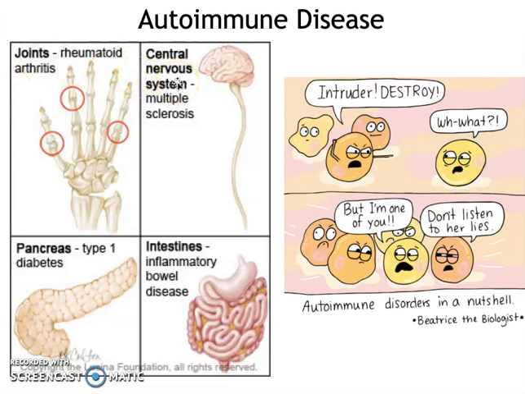If the immune system attacks glial cells of the central nervous system, this is what's referred to as multiple sclerosis. Type 1 diabetes, which is the type of diabetes you get again when you're a child or a young teenager, is when the immune system attacks and destroys the pancreas. And finally, if the immune system attacks the intestines, you can end up with IBS or inflammatory bowel disease.